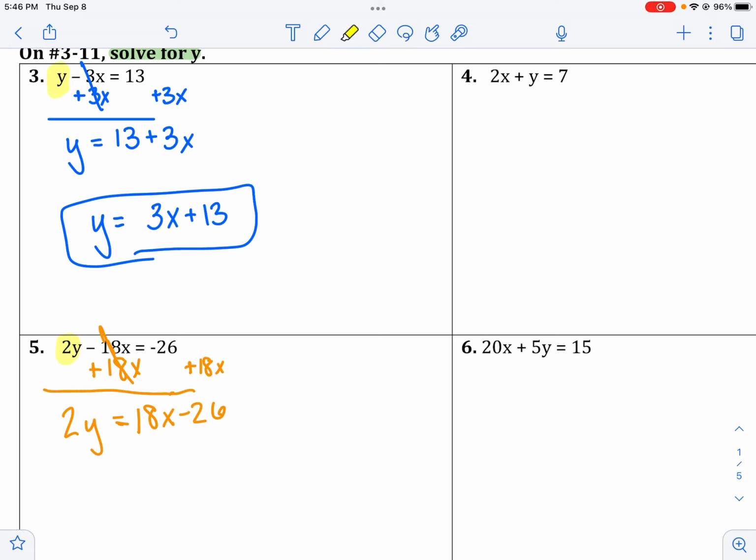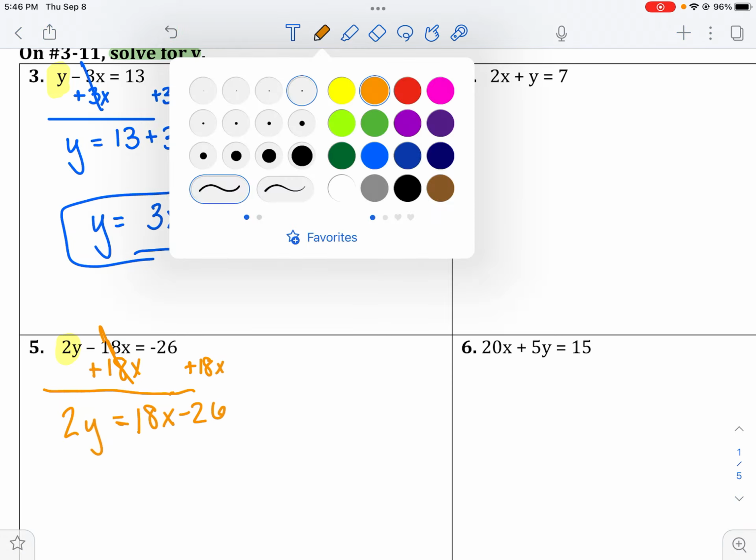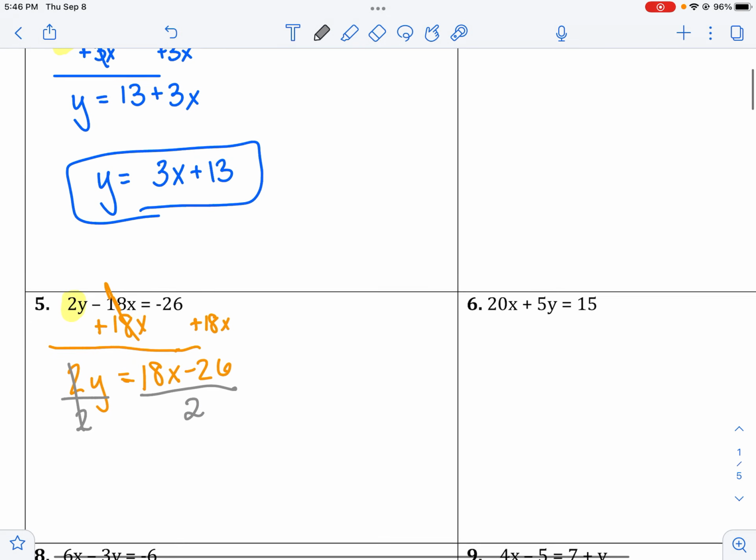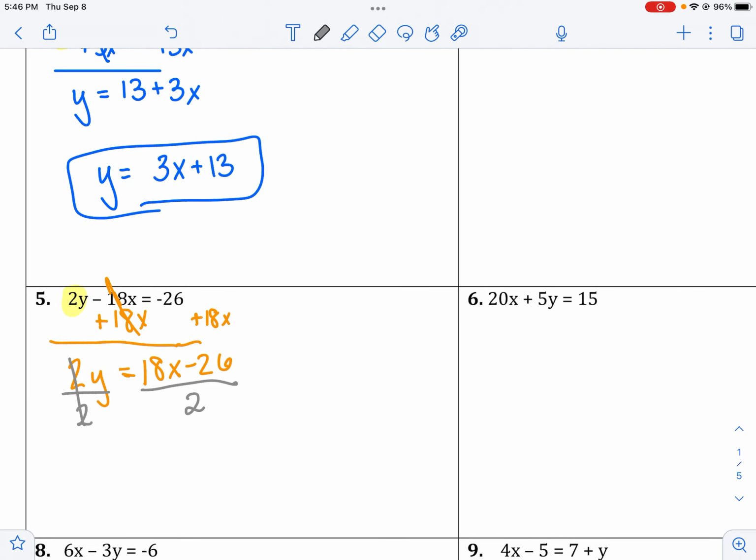Now, I'm still not done. Yes, I did get the 2y by itself, but I want that to say just y equals. So I notice that I have 2 y's. I have a number multiplied by a variable. So I will do the opposite. I see multiplying, I will divide, and I need to divide both sides by 2.